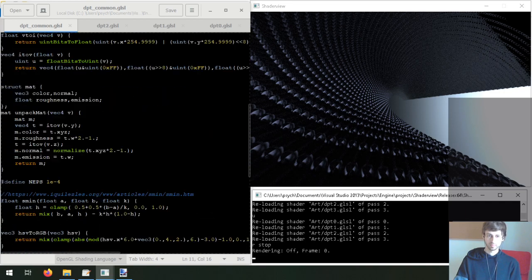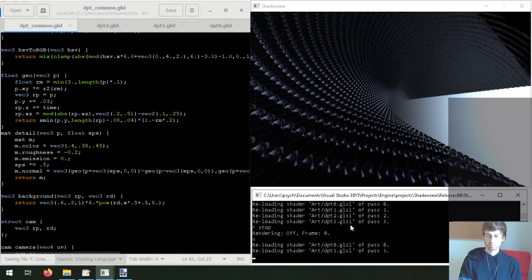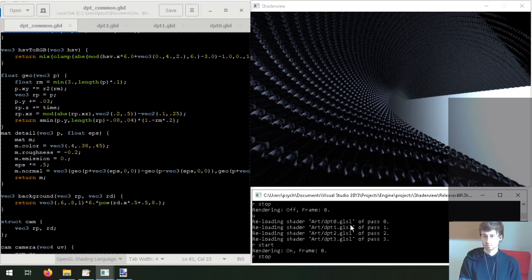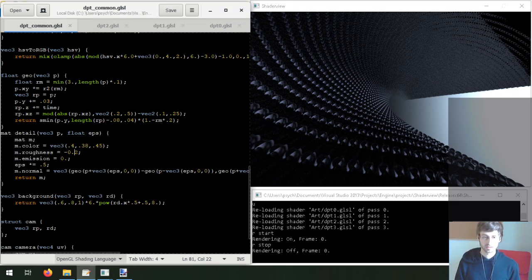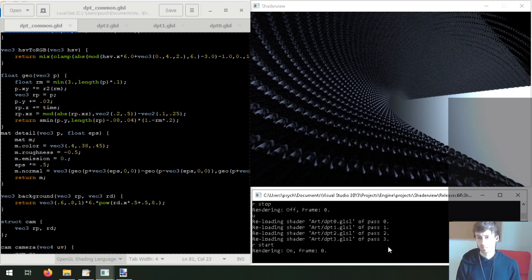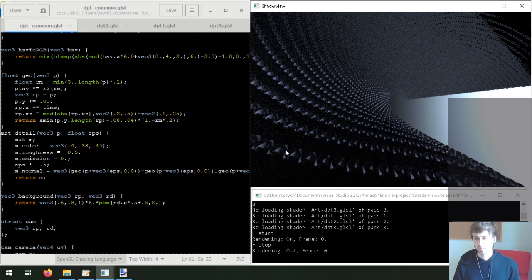That's pretty cool. Go with that. It's weird though how the reflections on here look, but I think they're correct. Yeah, like those don't look like they're changing with the roughness.